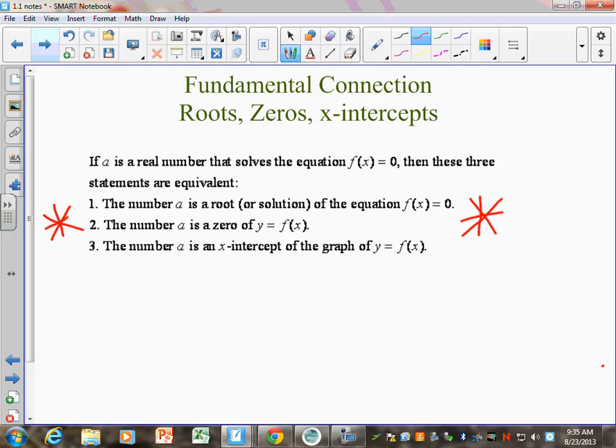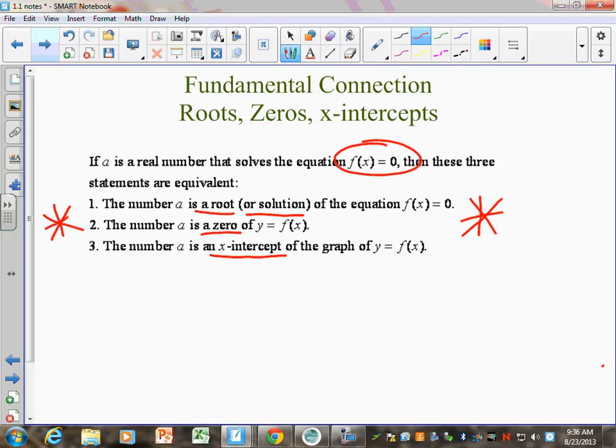But super, super important that these 4 words mean the same thing. I don't care if you write these word for word, but make sure that you know when you solve a function equal to 0, you are finding roots, also known as solutions. You are finding zeros. You are finding x-intercepts. Those 4 words mean exactly the same thing.